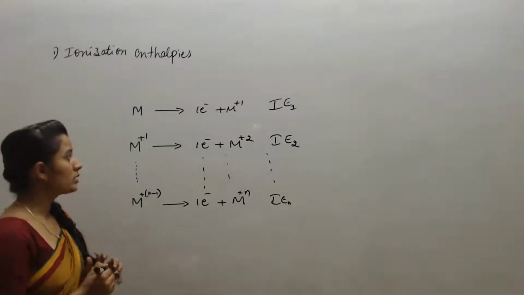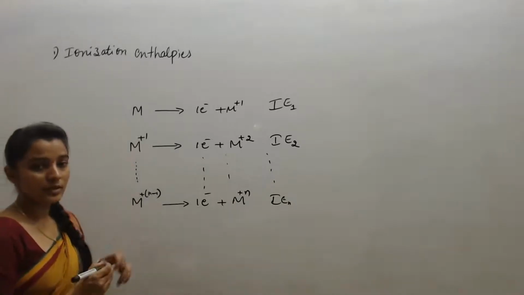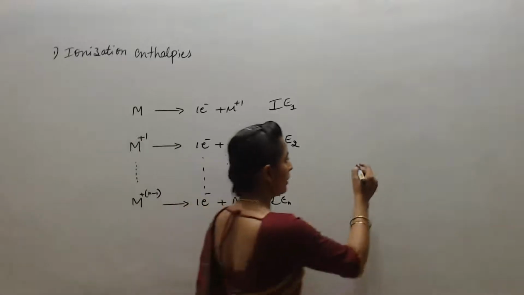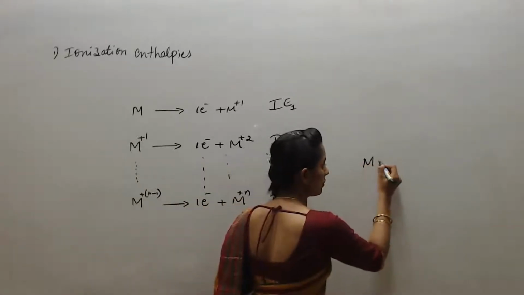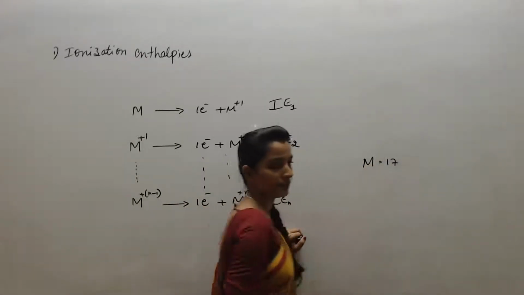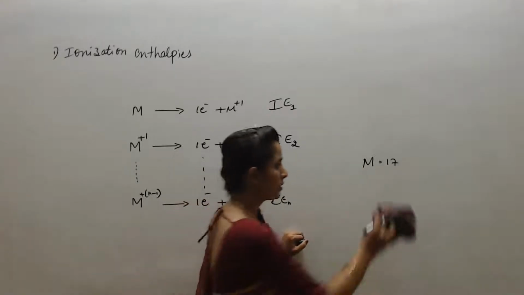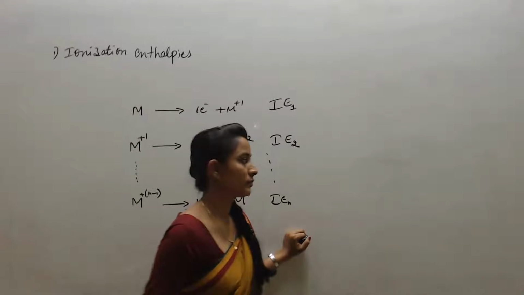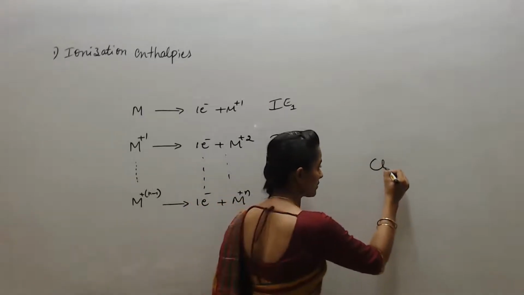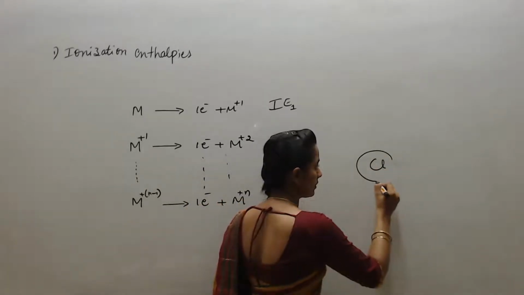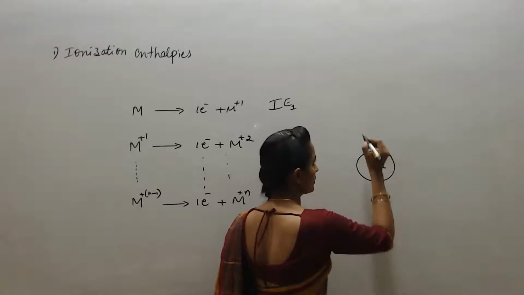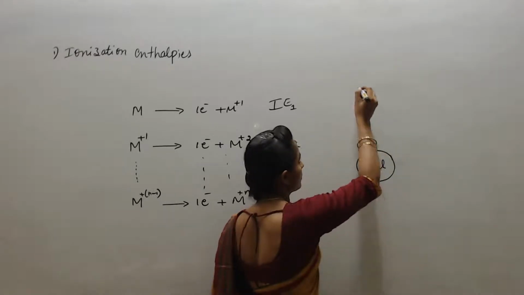So students, if we consider an atom M, for example, with atomic number 17, assume it is a Cl atom. Just an assumption I am telling you.